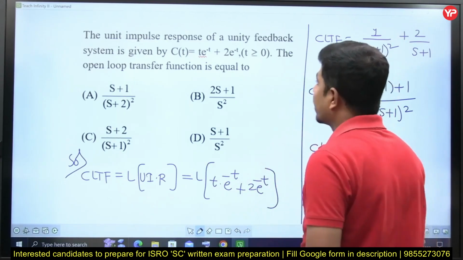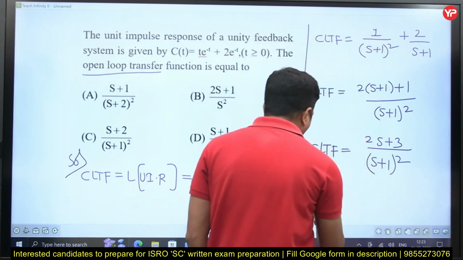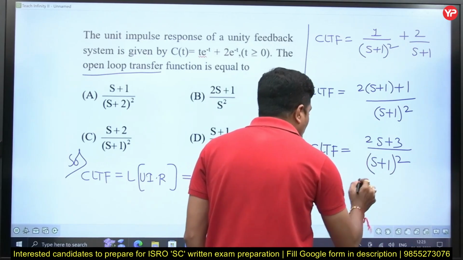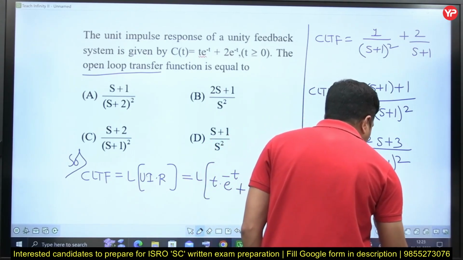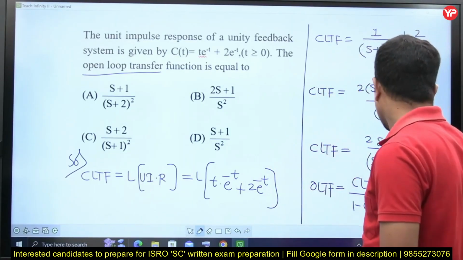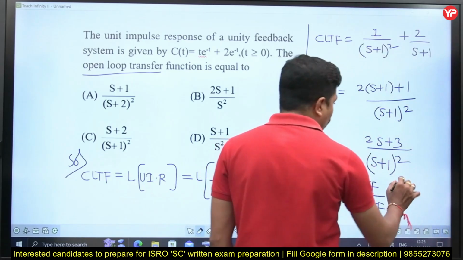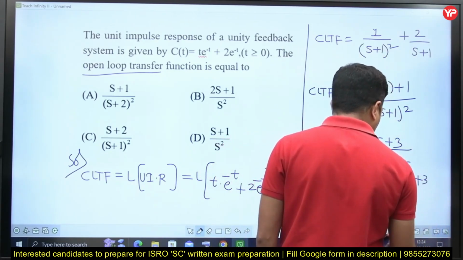But he asked for the open loop transfer function. You know, OLTF is equal to CLTF by 1 minus CLTF for a unity negative feedback system, right? If you do this, you are going to get 2s plus 3 by, I'll take it on the next page.